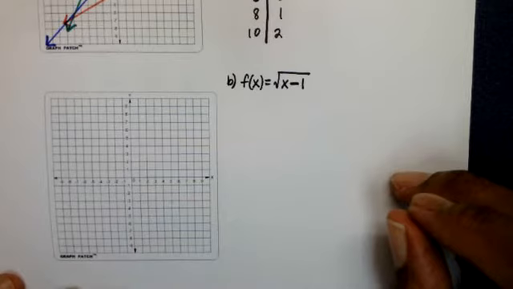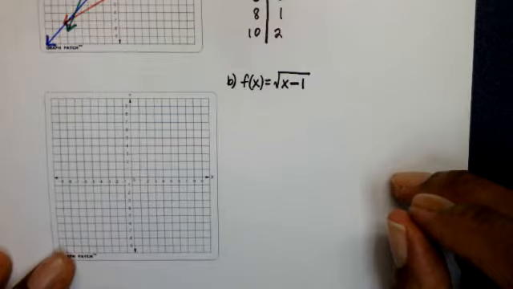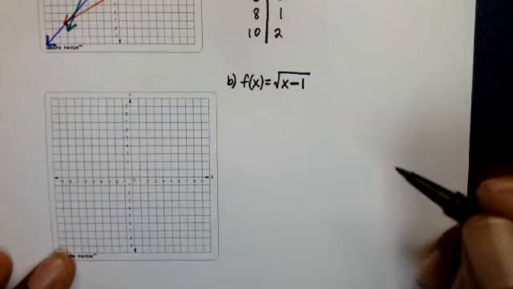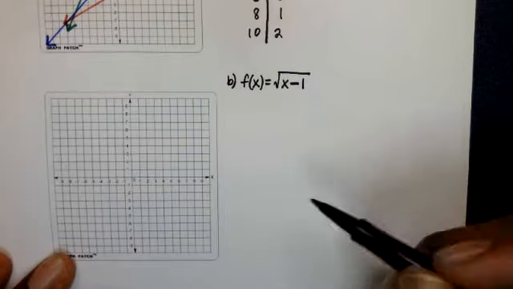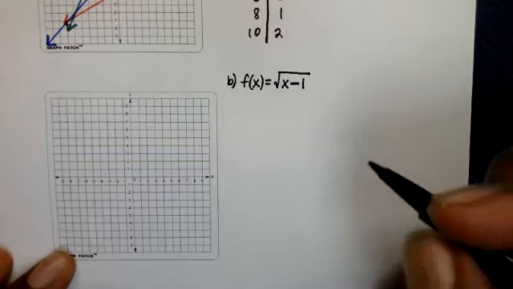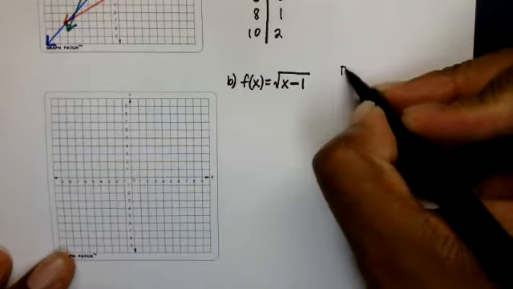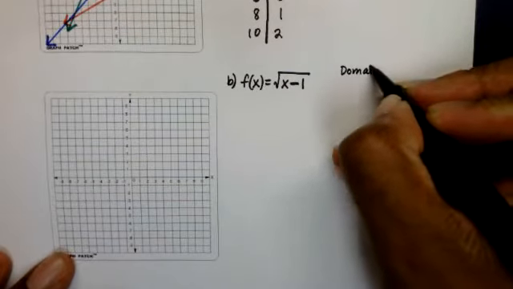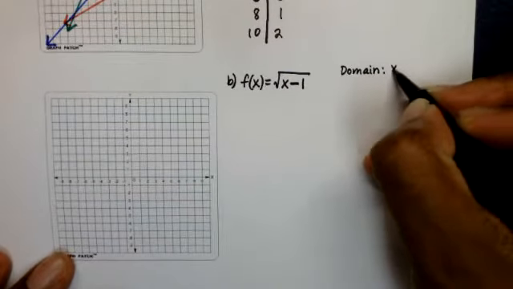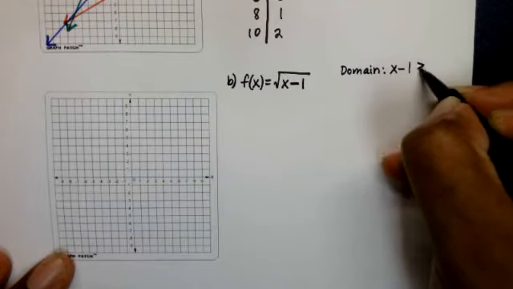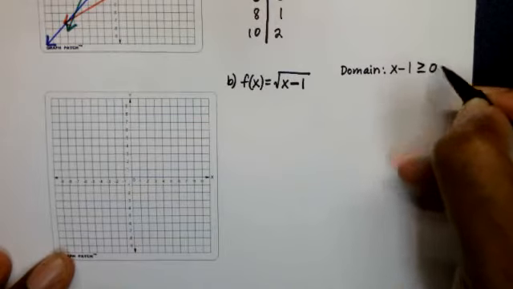And I want to find the inverse of that function. Okay. Well, let's first find the domain, if at all possible. Here I'm going to take what's underneath that radical, x minus 1, and I have to set it to be greater than or equal to 0.